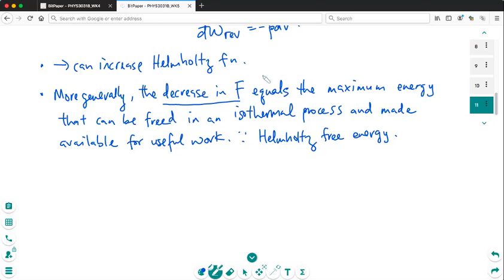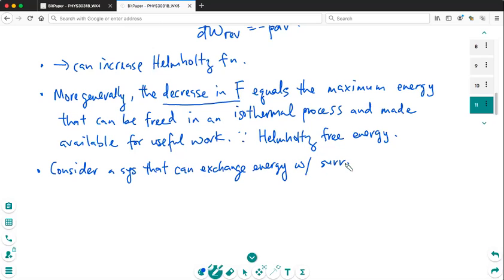Okay, I want to write a little bit more here to sharpen this argument for you. I'm going to consider a system that can exchange energy with the surrounding. Okay, this is my universe.